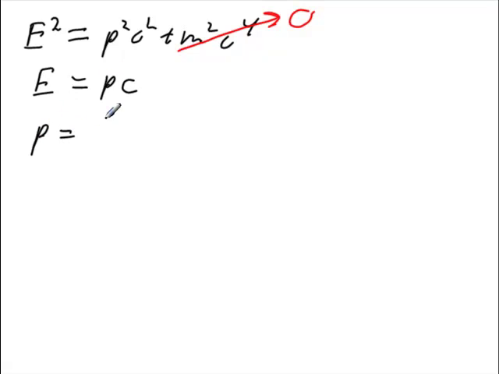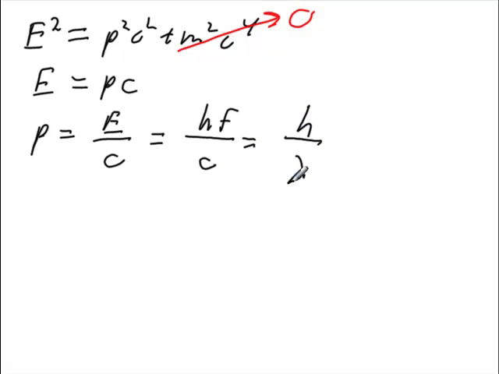So the momentum will just be the energy divided by the speed of light. That's Planck's constant times the frequency divided by the speed of light, but frequency over the speed of light is nothing more than 1 over the wavelength. So we say the momentum of a light wave is Planck's constant divided by the wavelength.